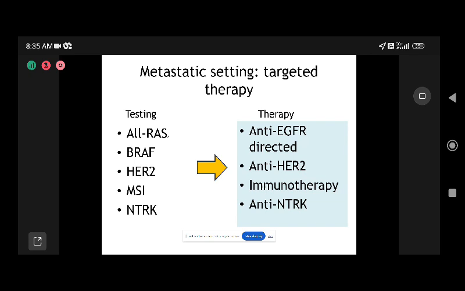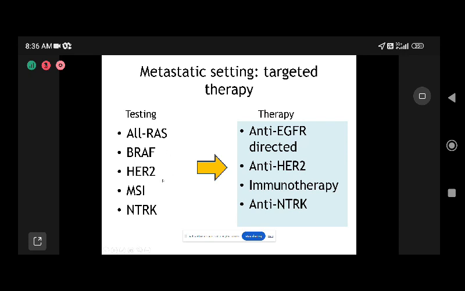If any RAS mutation is there, that patient is not eligible for EGFR therapy. So to select patients for anti-EGFR in the metastatic setting, we do all RAS testing and BRAF testing. BRAF testing, as we've seen, is not only for detecting whether there is a sporadic MSI high, but also it's a very poor prognostic factor for colorectal cancers.